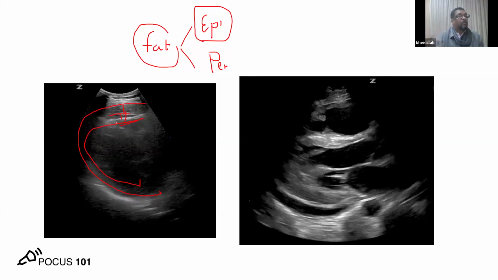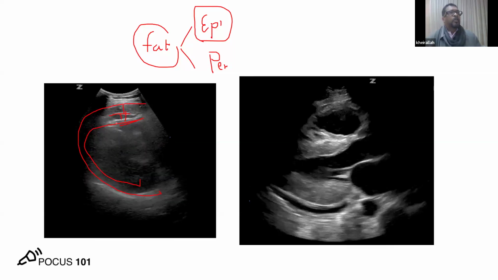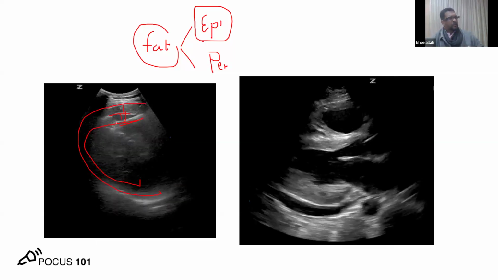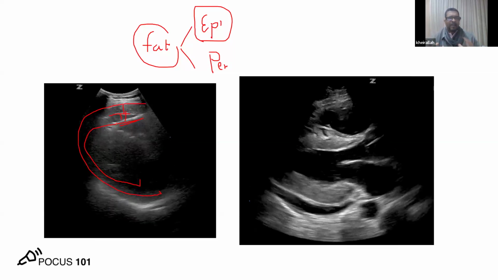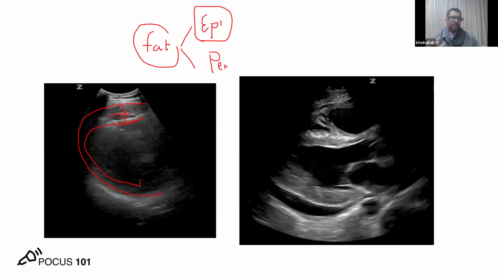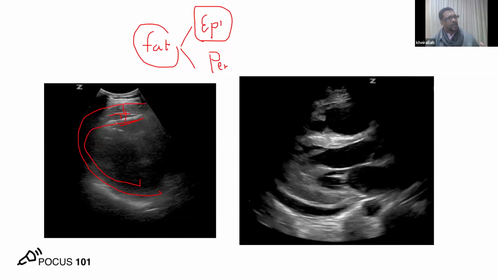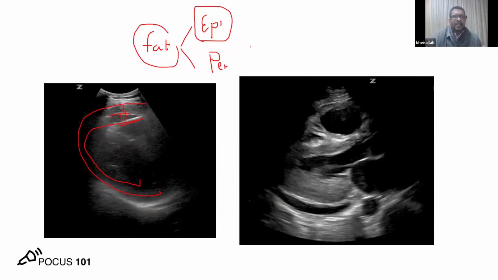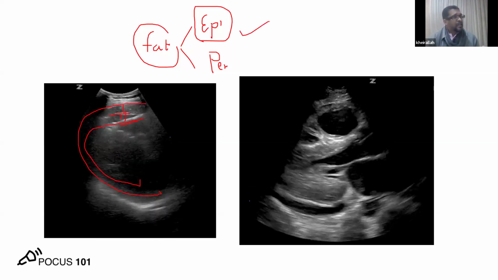غير إنه الفات بالمناسبة الإبيكارديال fat الآن is found to be associated with diastolic dysfunction, associated with inflammatory conditions that affect the presentation and manifestation of coronary artery disease. So there are so many studies that relate epicardial fat to so many disease entities in the heart.